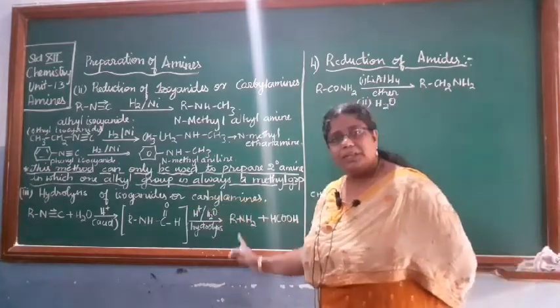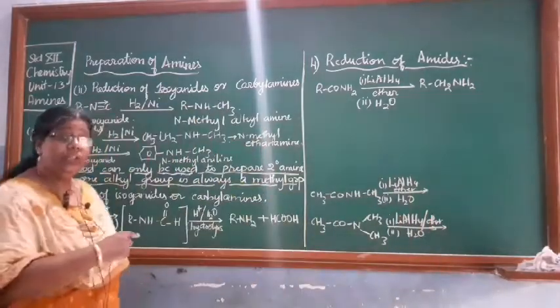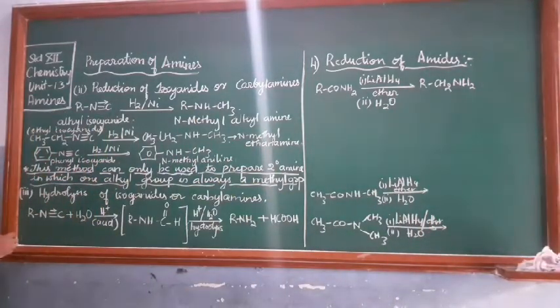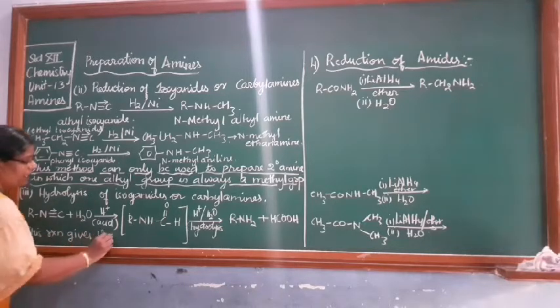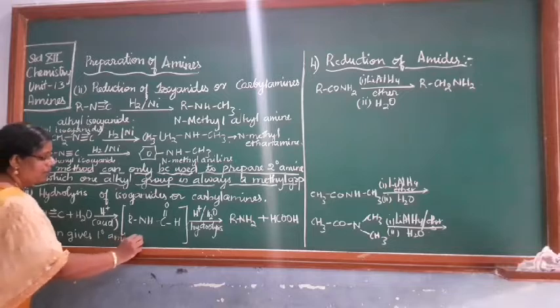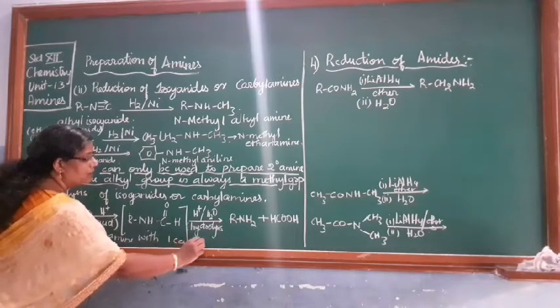So one carbon is becoming less here. So that should be noted here कि ये जो reaction है it gives primary amines with one carbon less. This reaction gives primary amine with one carbon less.